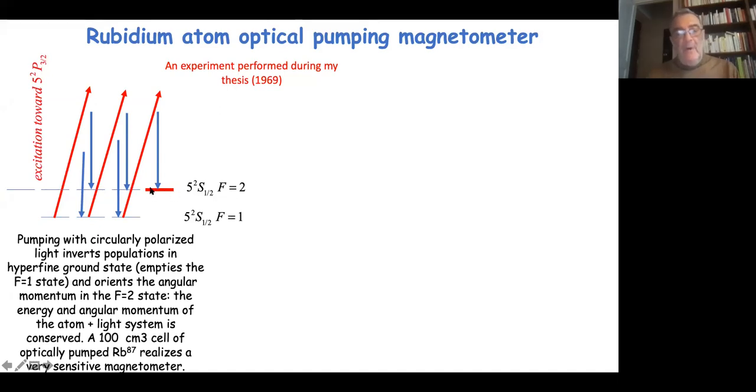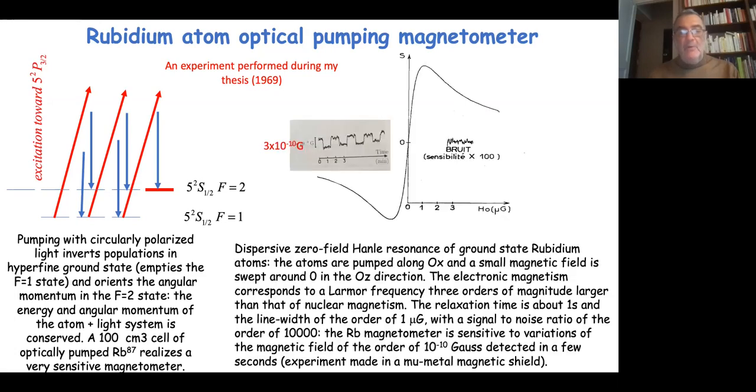And so when you orient the system in F equal 2, you have some electronic magnetization. And the electronic magnetization is much more sensitive to magnetic field than the nuclear one, because you have the q over 2m factor for the gyromagnetic ratio. The gyromagnetic ratio of an electron is about several thousand times larger than the gyromagnetic ratio of a nucleus. And so these transitions are now much more sensitive to magnetic fields.